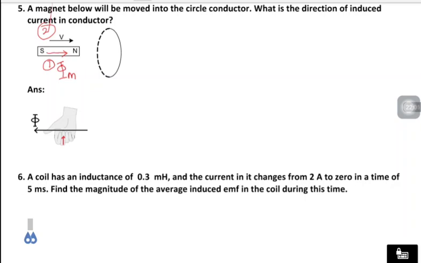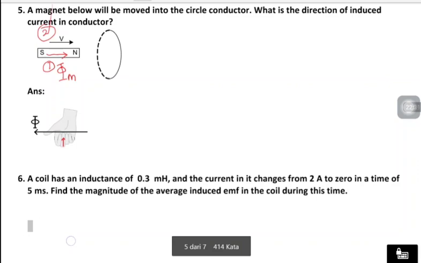According to Lenz's law, if the magnet becomes closer to the wire, then the wire will increase the induced flux in itself, so the induced flux will have opposite direction to the main flux.